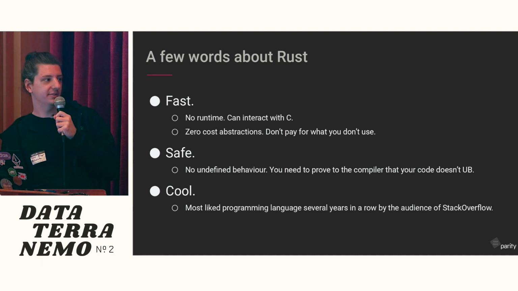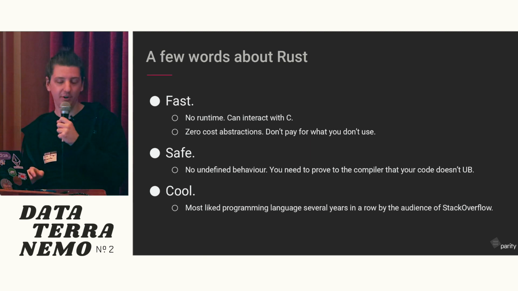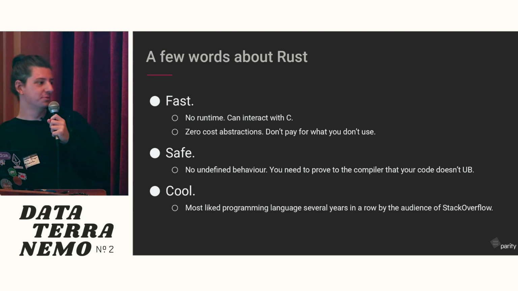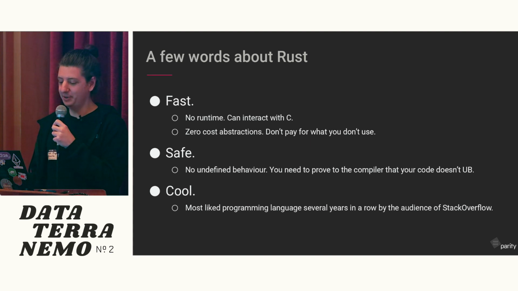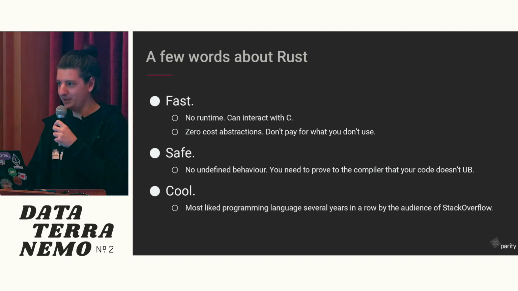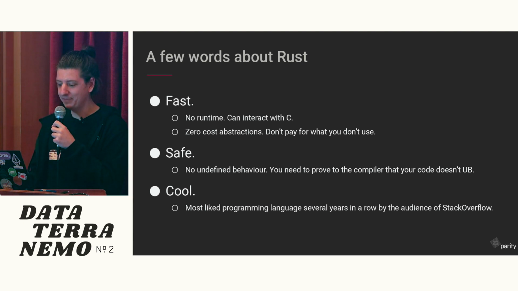Everything you write needs to be proven to a compiler to not trigger any undefined behavior for your code to compile. And Rust is cool. Source on that, it's the most liked programming language according to Stack Overflow. So it's not me saying it's cool, it's the audience of Stack Overflow. I also think it's cool, but I'm not a reliable source for that.